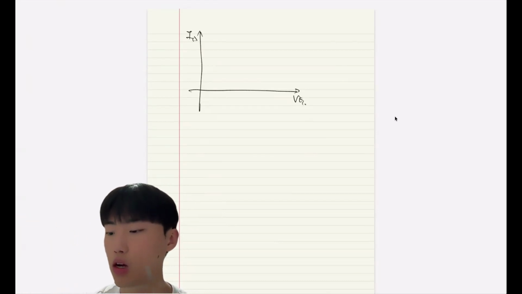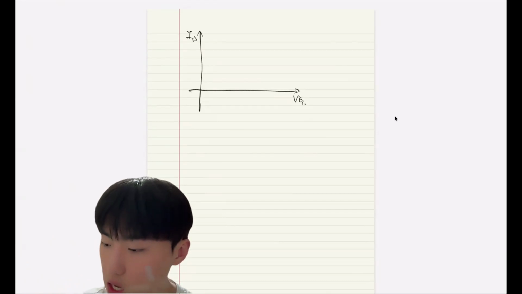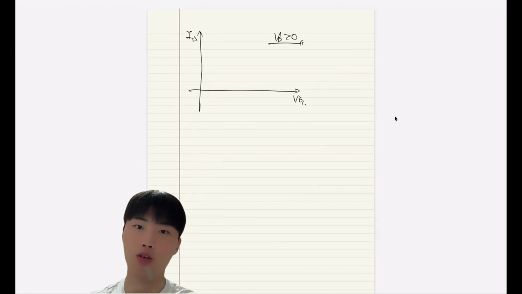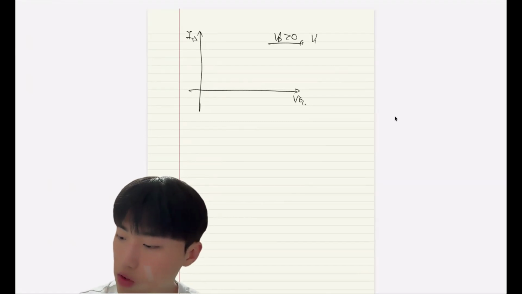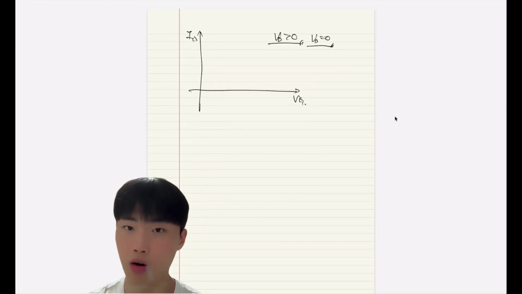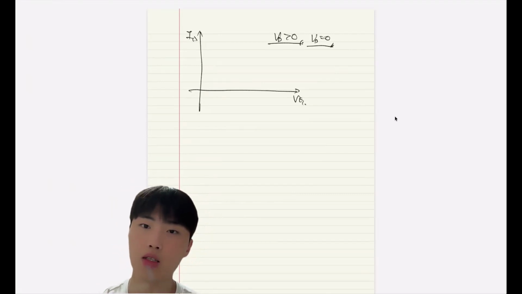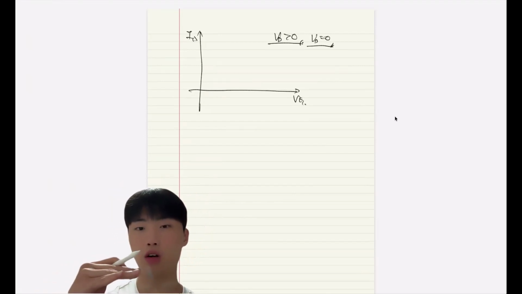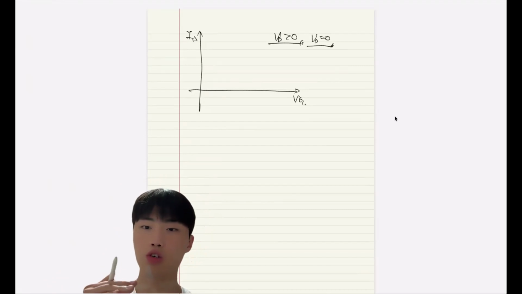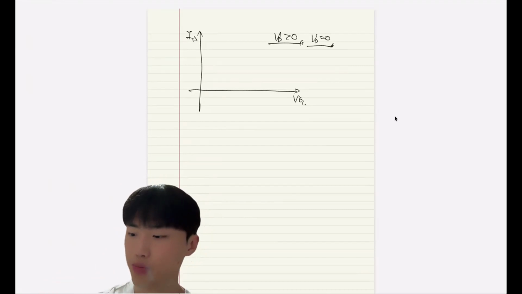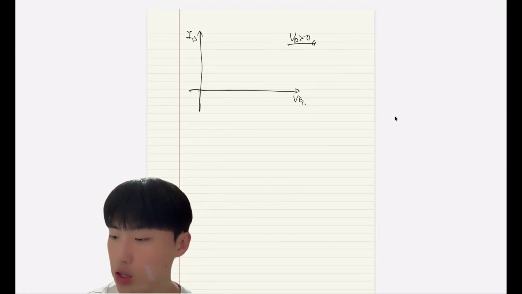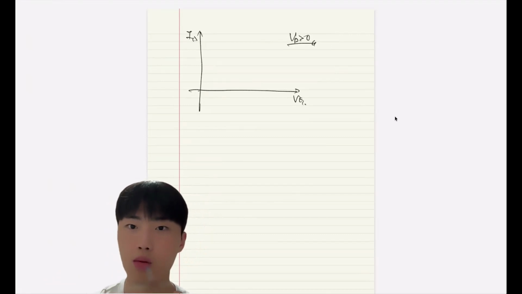In this ID-VG curve, VD has some value, because if VD is zero, if there is no bias on the source drain side, it just has a channel, and there should not be any current. So in this curve, VD is bigger than zero, a positive value.